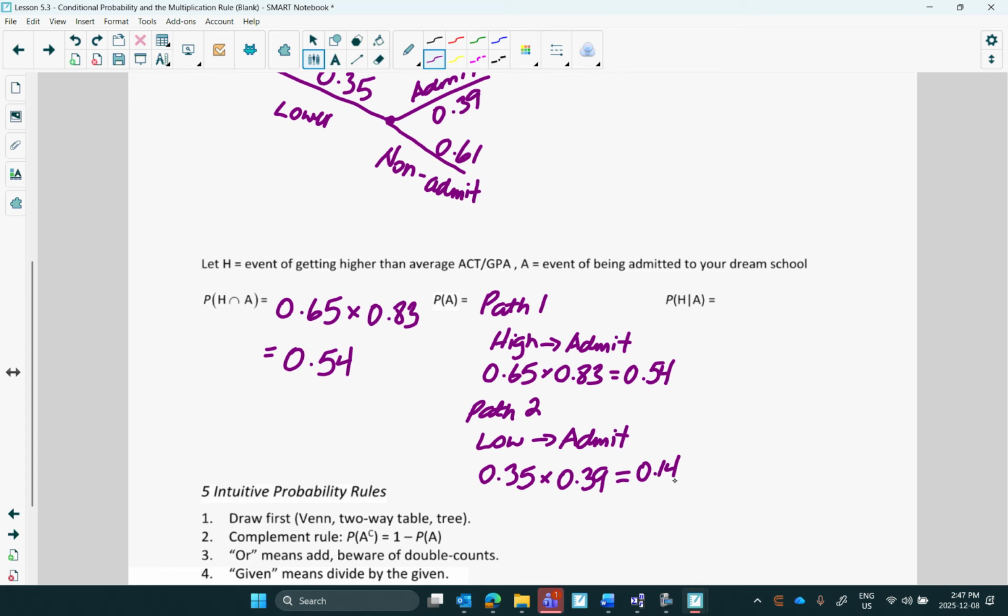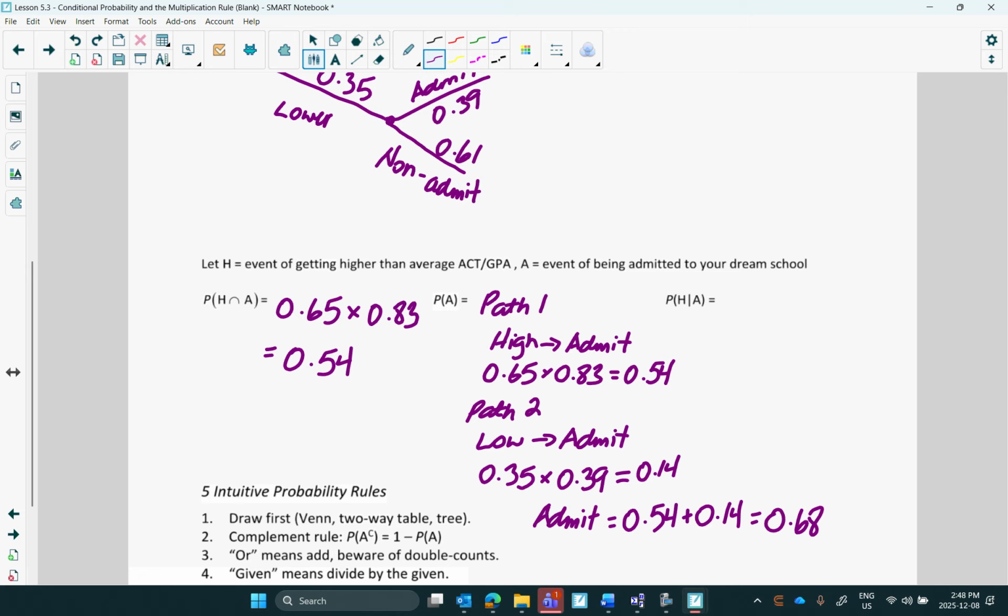So therefore, admitted is 0.54 plus 0.14, which is going to give us 0.68. And we need these two pieces of information to answer the third probability question.